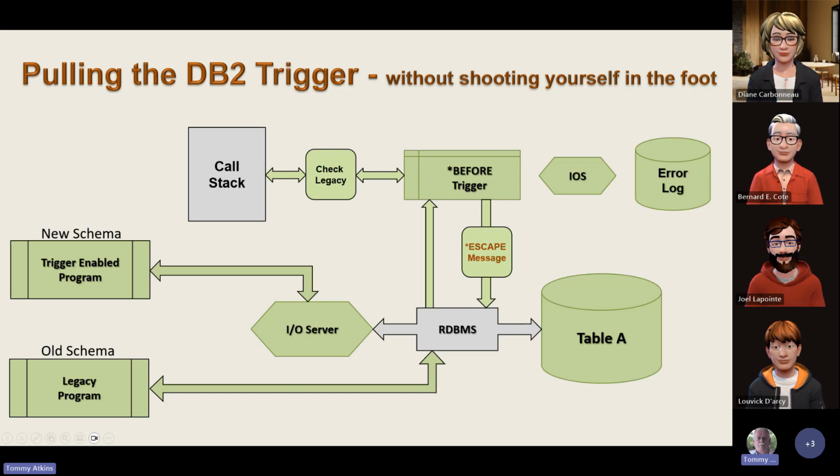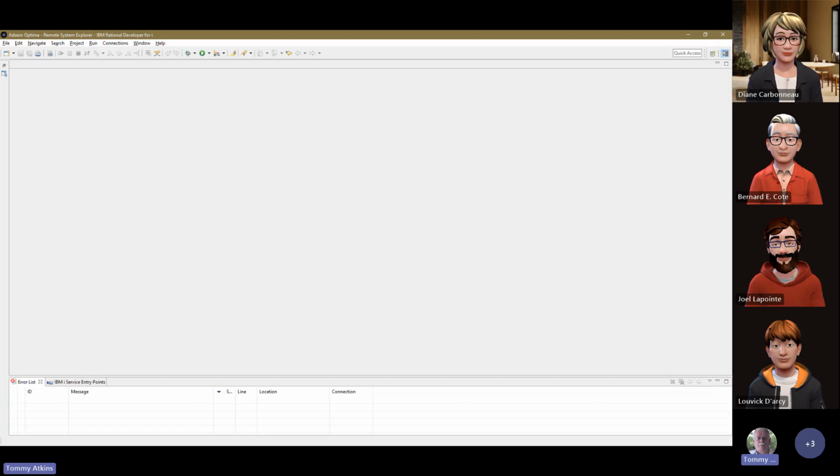While you are thinking of that, I am going to put up a screen so that you have a nice blank RDI screen, and I'm going to show you some code.